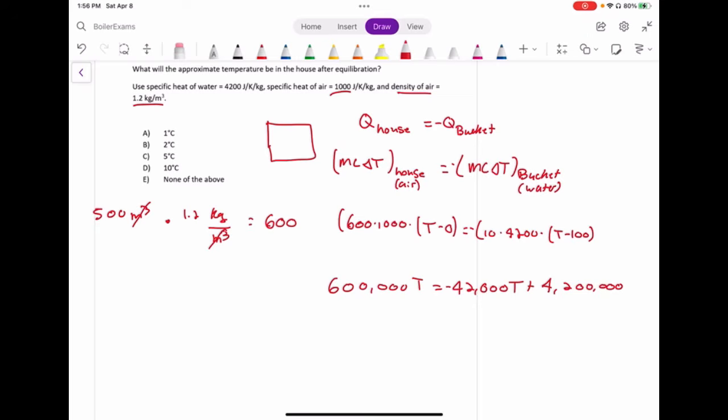There we go. That becomes 642,000 T, which equals 4.2 million. T final equals 4.2 million over 642,000, which is 6.56-ish.